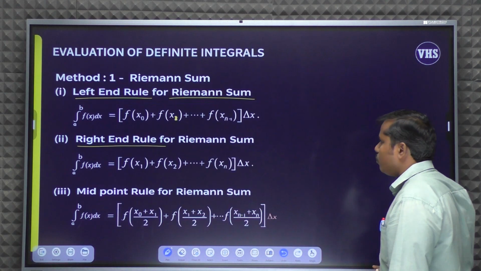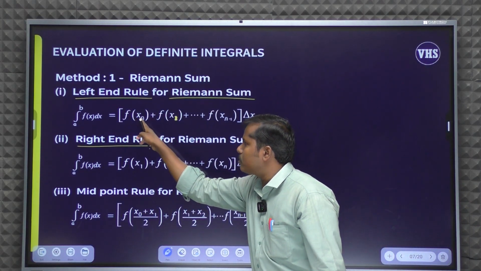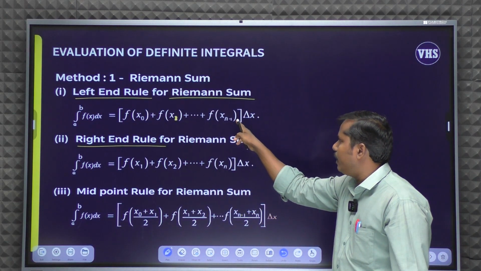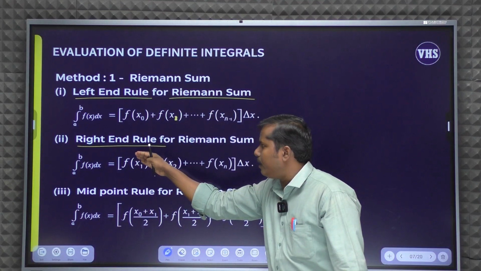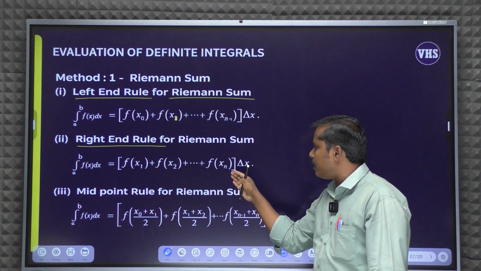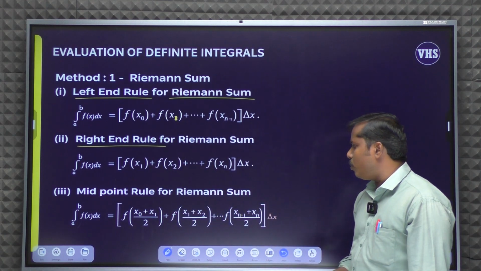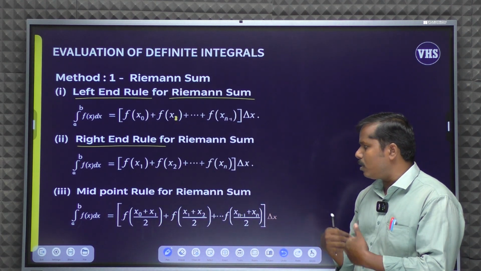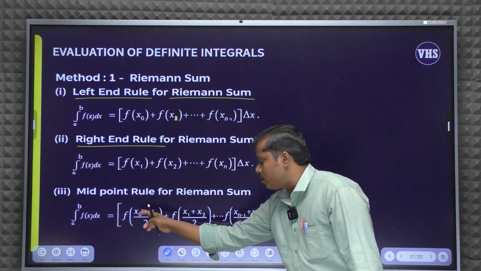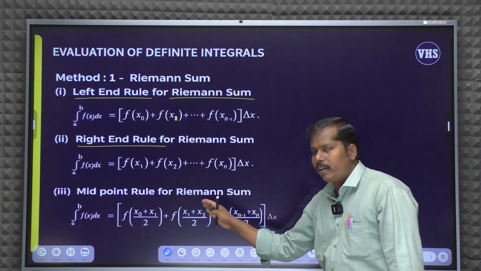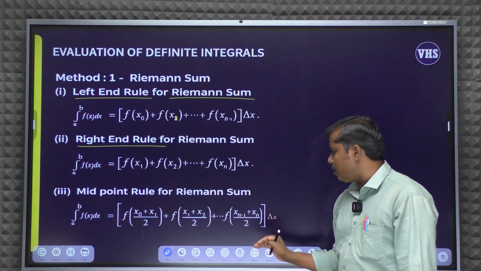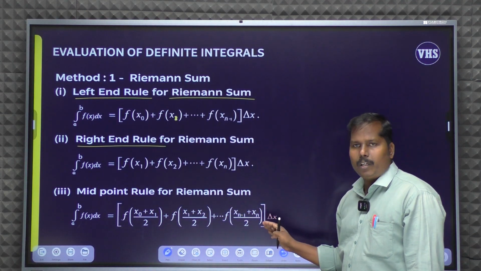You see the formula given over here? Left hand means we are starting with x0 and ignoring xn. When we deal with the right hand rule, we are including the right hand xn, but ignoring x0. Whereas in the midpoint rule, we should take all points into the count. You see x0, x1 coming into play, x1 and x2 coming into play, etc., xn minus 1, xn coming into play.